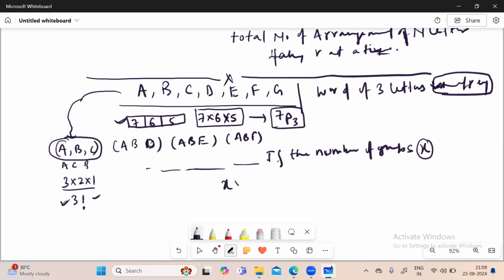X into 3 factorial. And you know that it will be equal to what? 7p3, or 7 factorial divided by 7 minus 3 factorial.